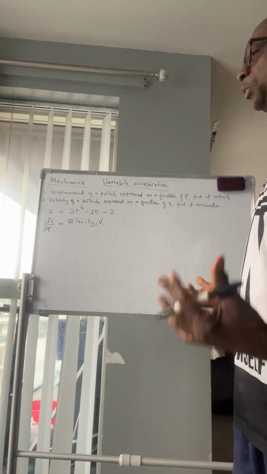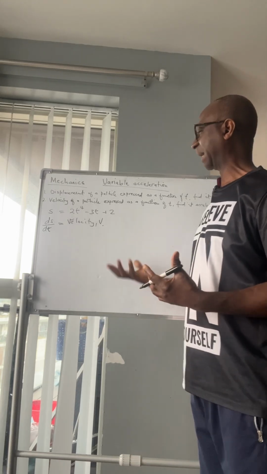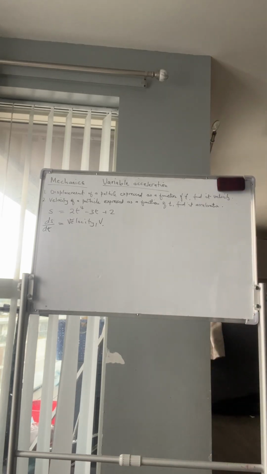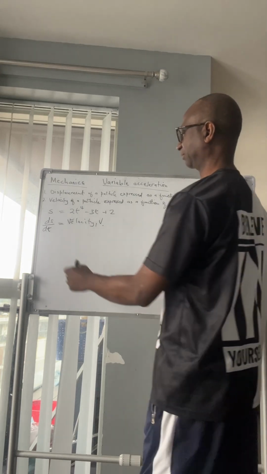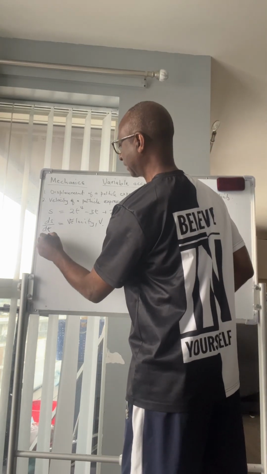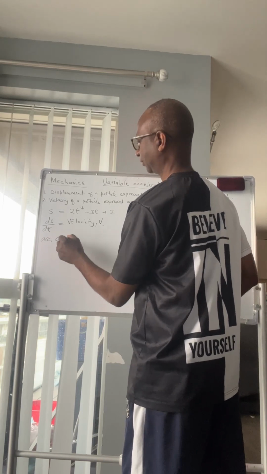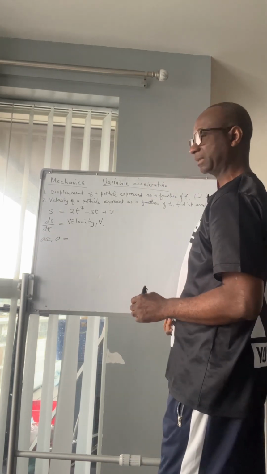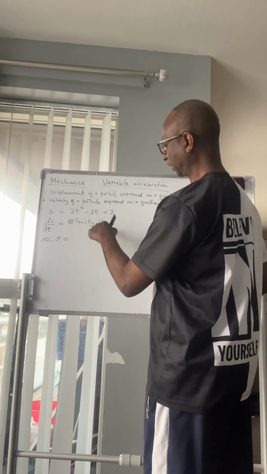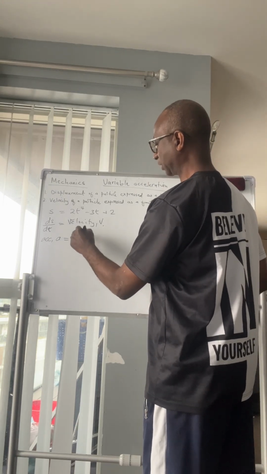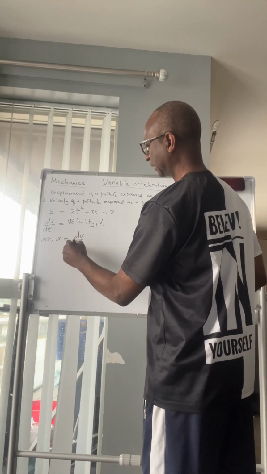It doesn't stop there. You now know this is velocity. So now, how do we define acceleration? Again, the rate of change of velocity gives you acceleration. Acceleration, I'll just abbreviate it by a, is the rate of change of velocity, that is dv/dt.